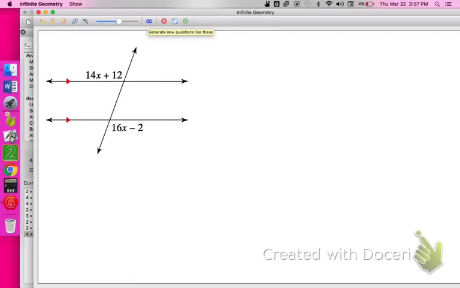All right, and here's my last one. And it looks like these are also equal to each other. Notice how I played that little tic-tac-toe. Or just by looking at them, I saw that we had the bigger angle here, the little angle here. This is big, and so is this. So I set those equal to each other.